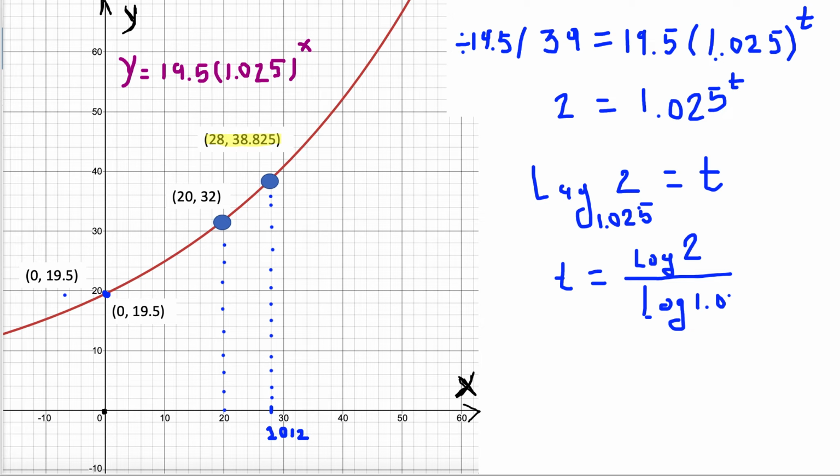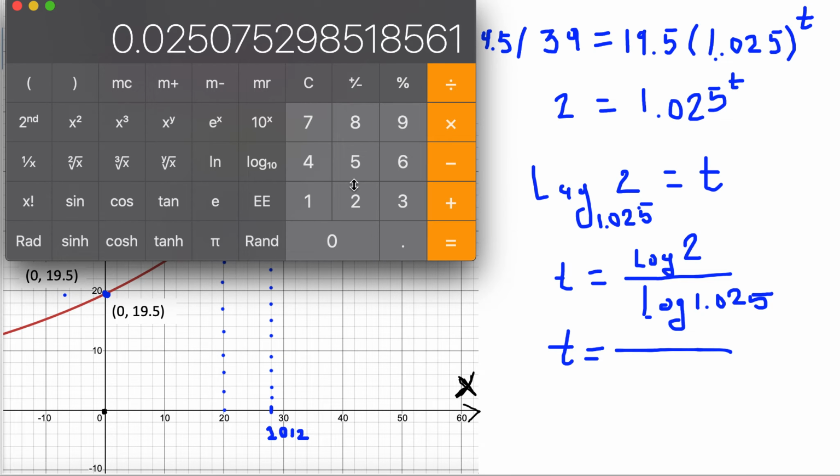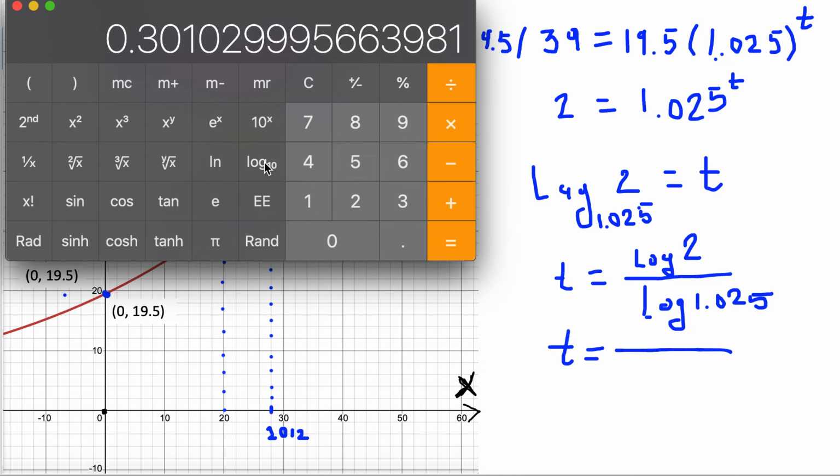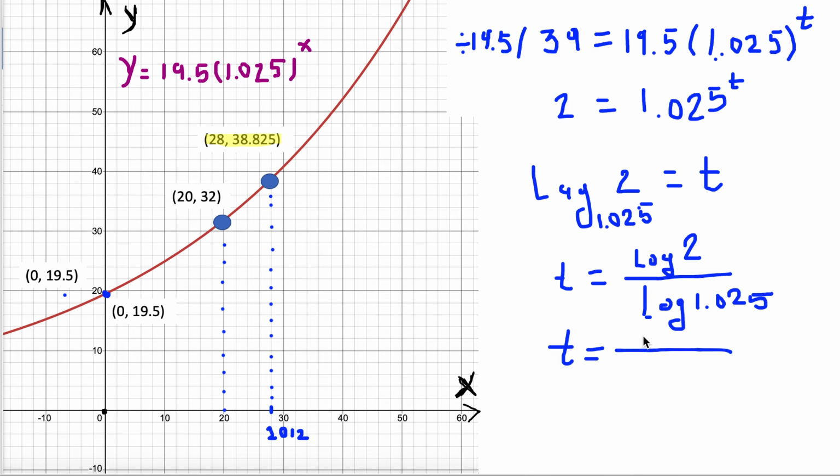So now these logs we can calculate in a calculator, and we're going to look at what we are going to get. And t is going to be equal. Let me write here as one fraction. And let's use a calculator. So now log of 2, what is log of 2? It is 0.3. Let me approximate 0.3. So we are looking just, can we get around 28 years?